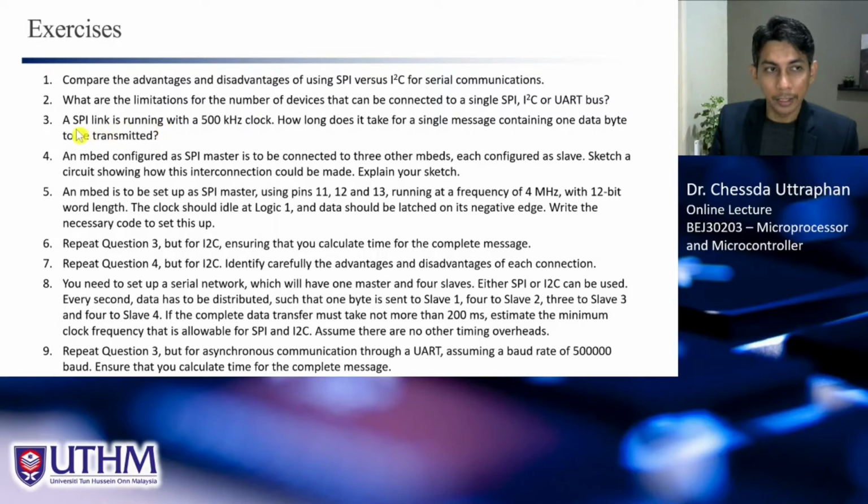SPI link is running with 100 kilohertz clock. So how long does it take for a single message containing 1 data byte to be transmitted? Can you answer this? Anyone?